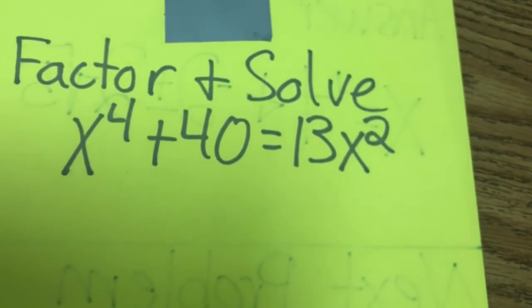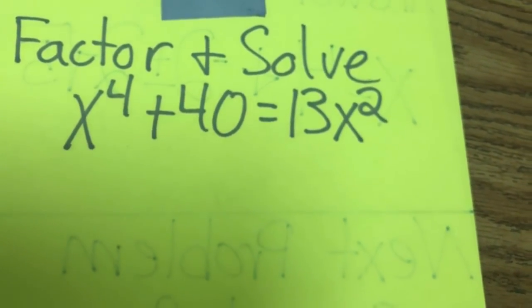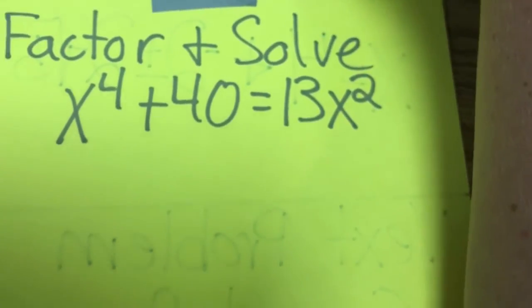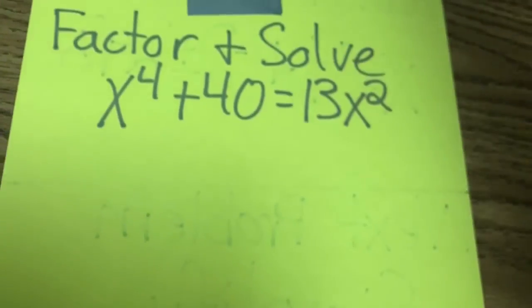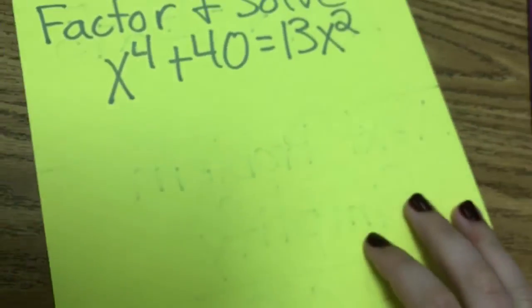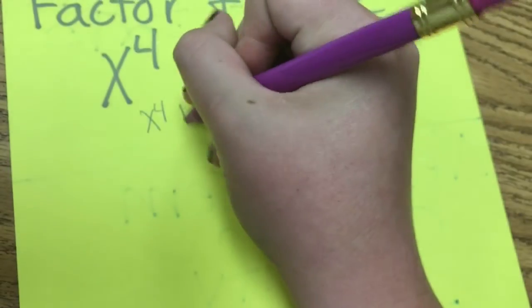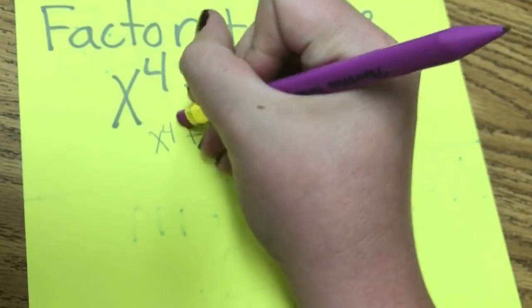Factor and solve x to the 4th plus 40 equals 13x squared. So we want our exponents in descending order. So first we want our x to the 4th, plus, actually that's going to be subtract.